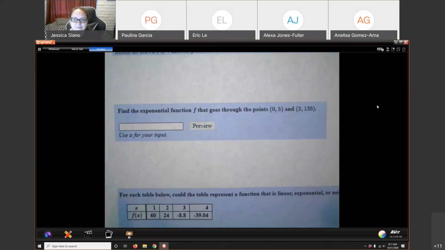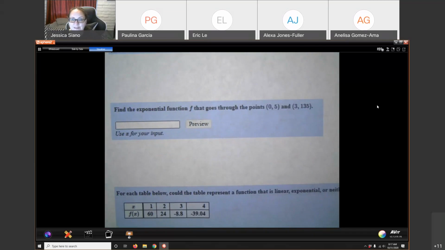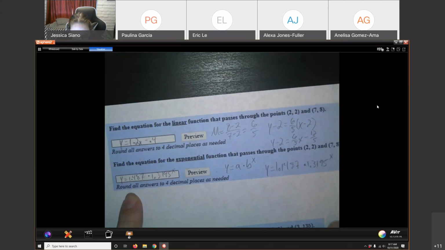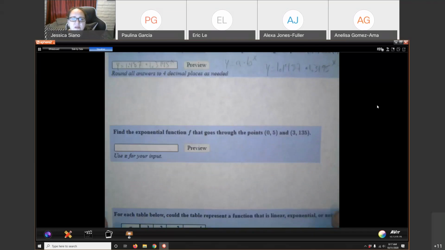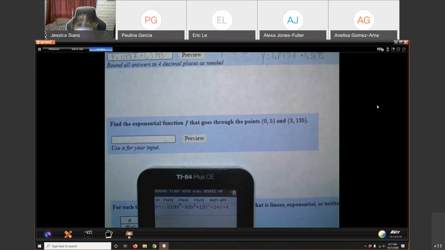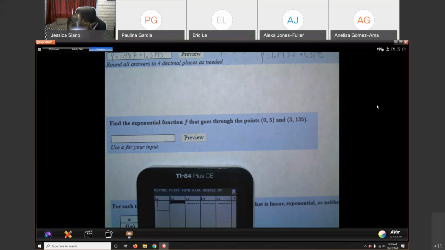So we'll do the same thing for this one. Was that one y equals x? They didn't even give us a function, so I'm assuming y and x. I'm going to do the same thing for this one. Stat, edit. My 2 x's are a 0 and a 3. My 2 y's are a 5 and a 135.